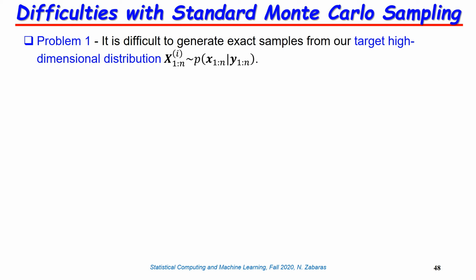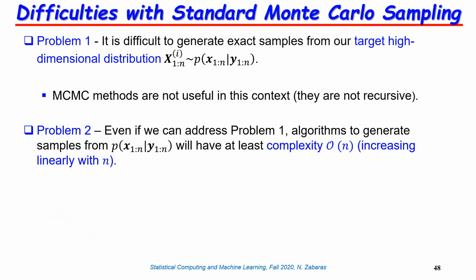And then, of course, problem two is, even if you can actually sample from this high dimensional distribution, can you actually keep the complexity under control? Can you actually make the complexity, at the very best, increase linearly with n? So how do we keep the complexity in n under control? And the answers to both of these problems, of course, will be sequential Monte Carlo.